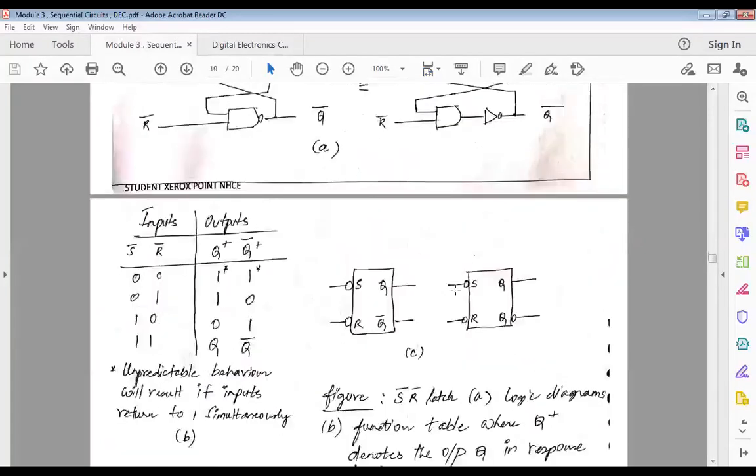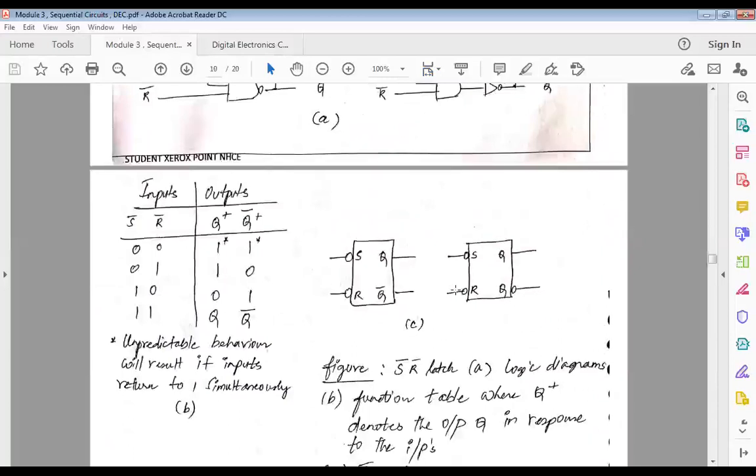Yeah. So your S bar, R bar. So whenever the values are held at 1, what is going to happen? Whatever was in the memory is just retained, Q and Q bar. Right? Able to recollect? So you should make note of this truth table.